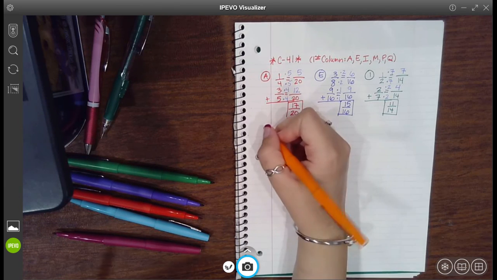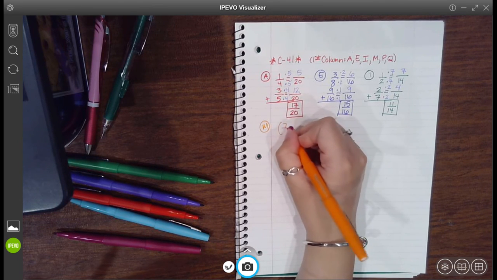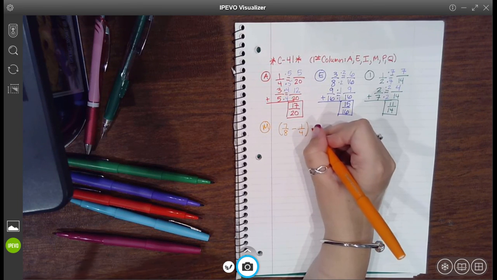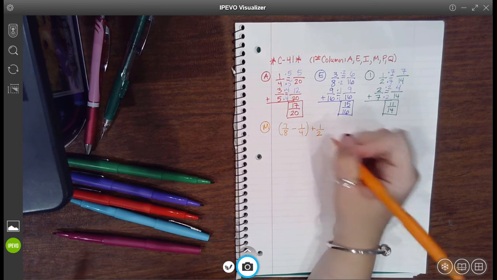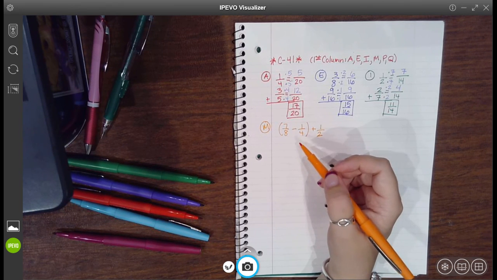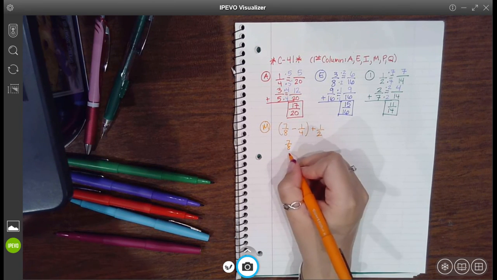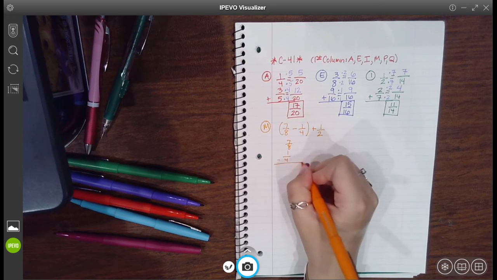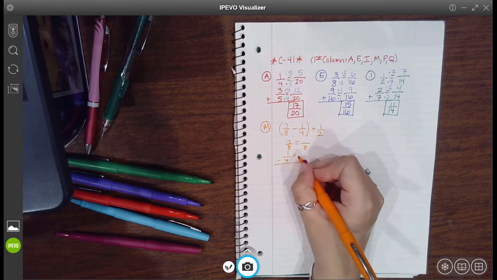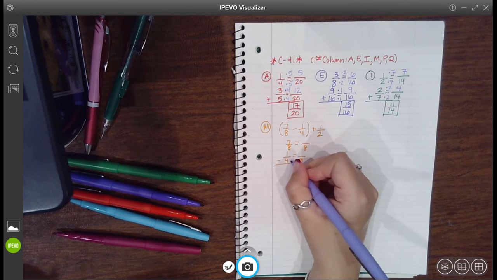My next one I asked us to try is M, which says 7/8 minus 1/4, and then add 1/2 to that answer. So first off, let's focus on this 7/8 minus 1/4. Okay. So rewrite them vertically. What's your common denominator of 8 and 4? 8. They both can become 8. 4 times what is 8? 2.